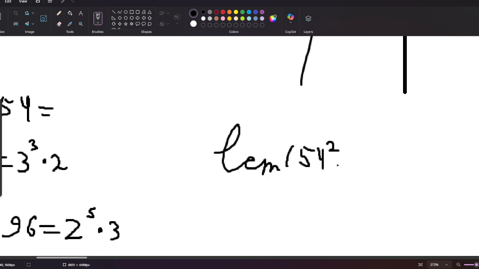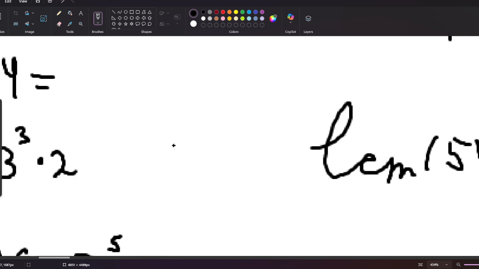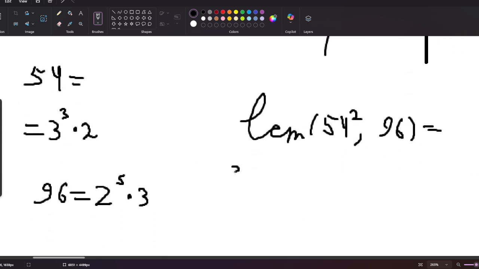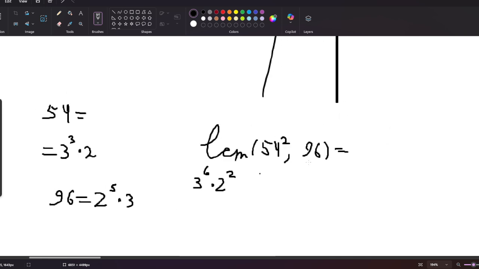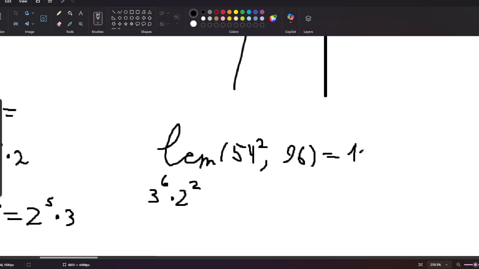So what we really need to look for LCM of is 54 squared and 96. Now, 54 squared is gonna be 3 to the 6th power times 2 squared. The LCM is gonna be 12.